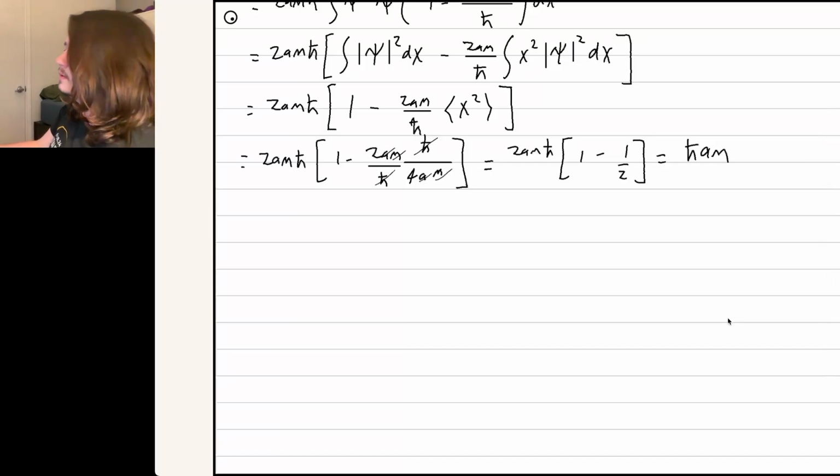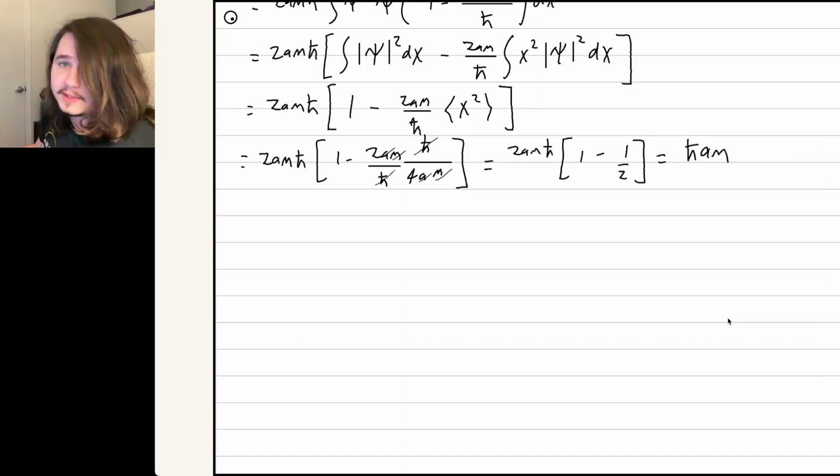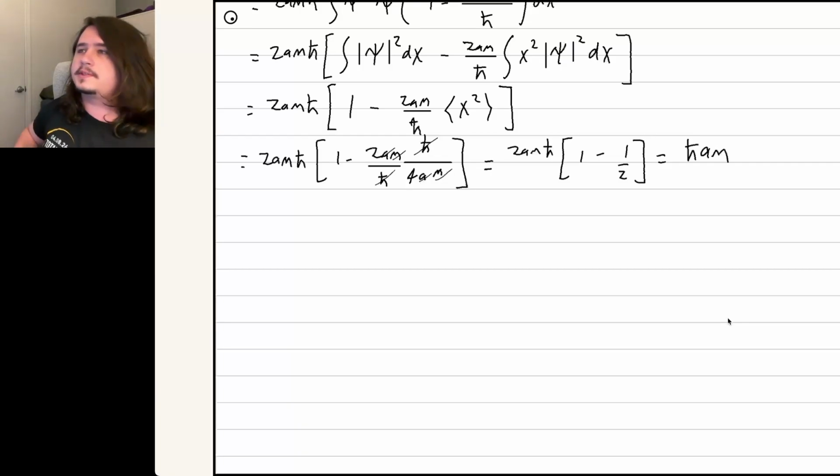Finally, we need to look at the standard deviations for position and momentum and see if they comply with the Heisenberg uncertainty principle. That shouldn't be too bad now that we've calculated everything else.